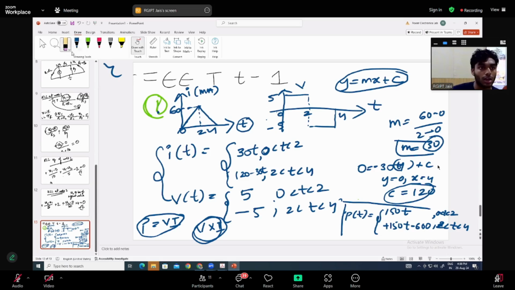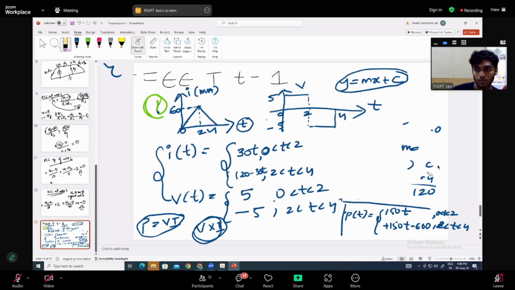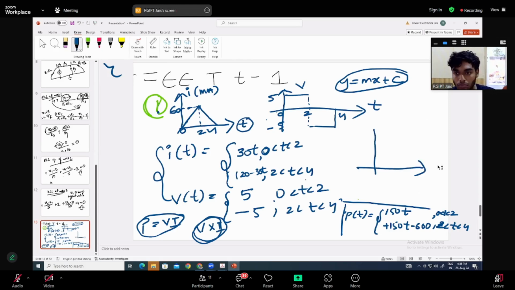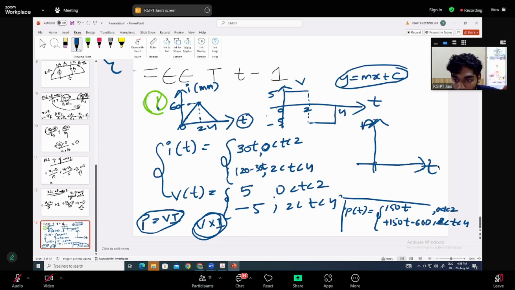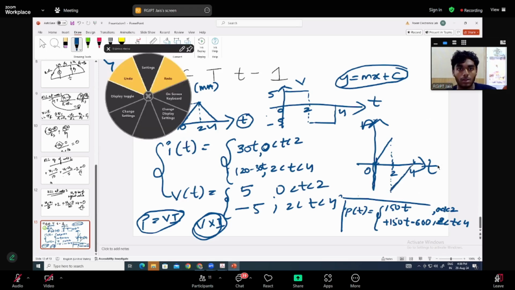So I'm erasing this to draw the graph of power now. This graph will be like this, starting from 0 and interval 2, and another interval like this, starting from this, and this.